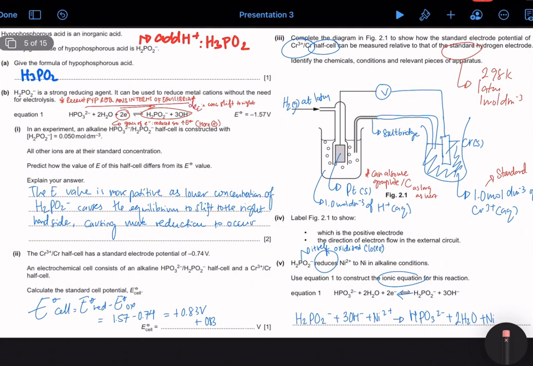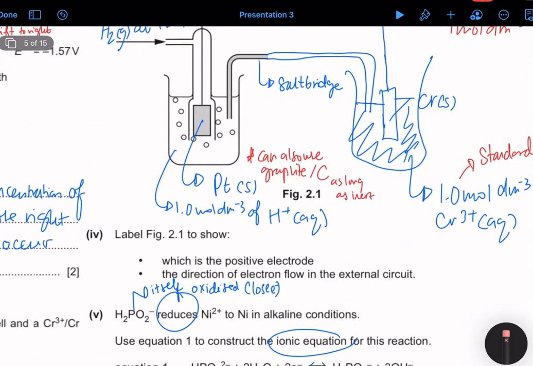You would expect hydrogen gas at 1 atm, and you would use platinum. You can also use graphite or carbon as long as they are inert and can conduct electricity. We're using platinum here because it's the best, and it's submerged in a solution of 1.0 mol per dm3 of H+.